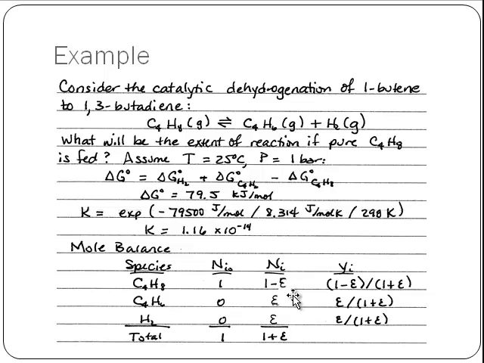I had formed epsilon of C4H6 and epsilon of H2. So now I have 1 plus epsilon total. So my mole fraction is the number of moles of the substance divided by the total moles of my gas. And I have a Y for each of my substances. This I can now use along with the K value.